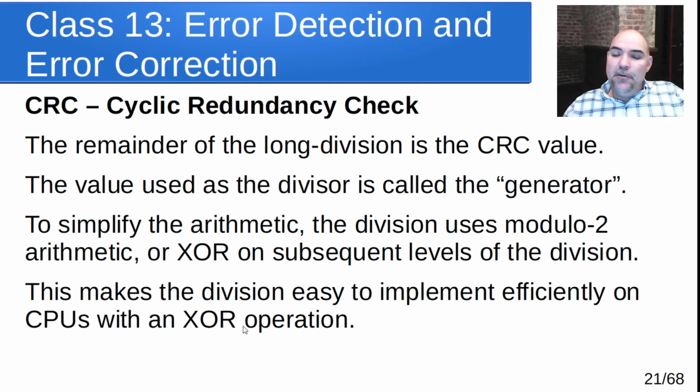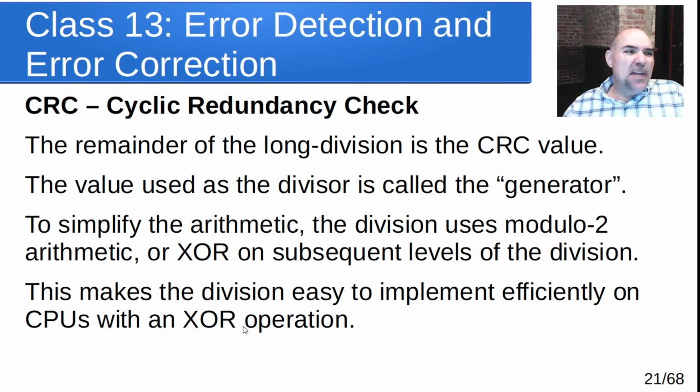The value that we divide into the message is called the generator. So we're taking the message as if it's a really long binary number, and we're dividing into it this specially chosen number called the generator. Whatever pops out as the remainder after that giant long division, that's our CRC value.